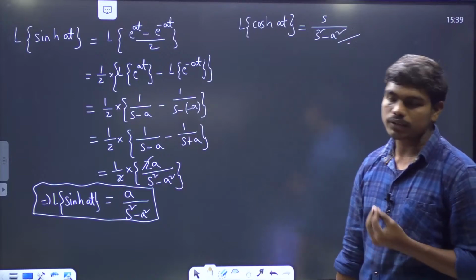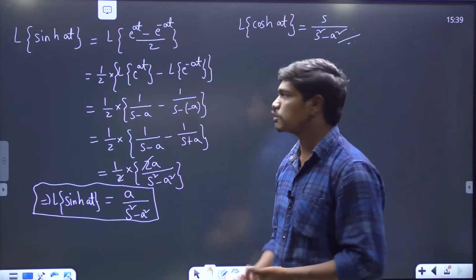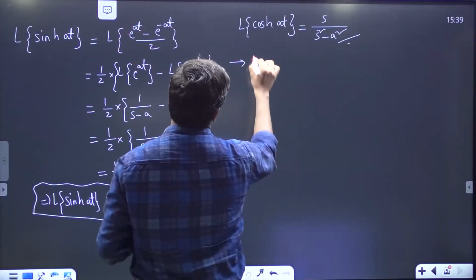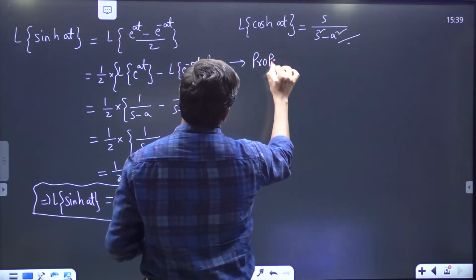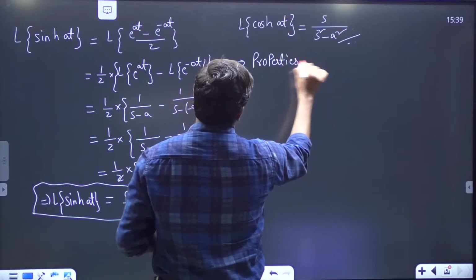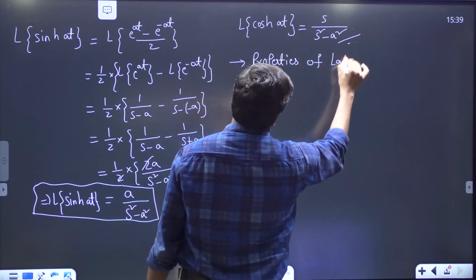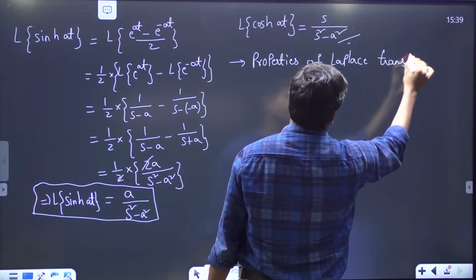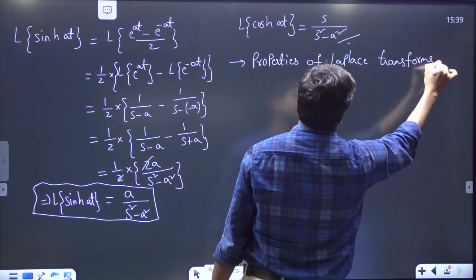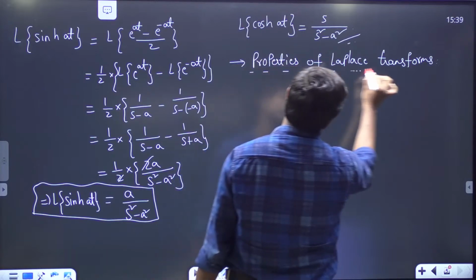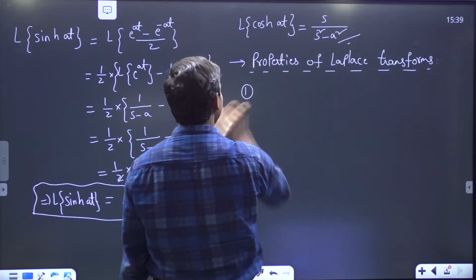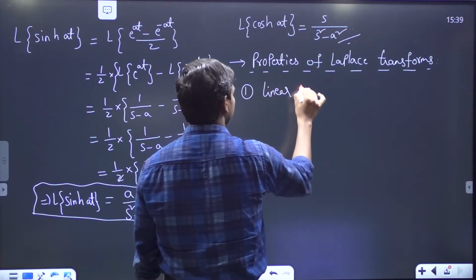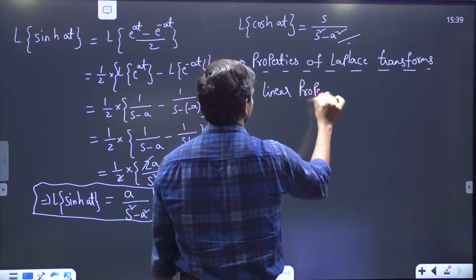Okay. So now, as we know, there is a linear property in Laplace transforms, which means if you have two functions, for example, you can write properties of Laplace transforms. So if you write this first property, you can have something like the linear property. And what does this linear property tell us?